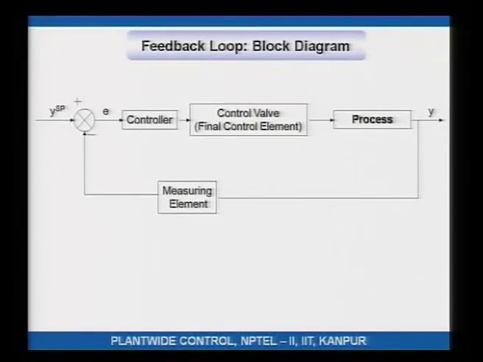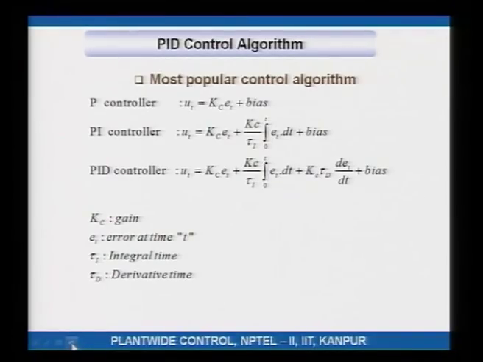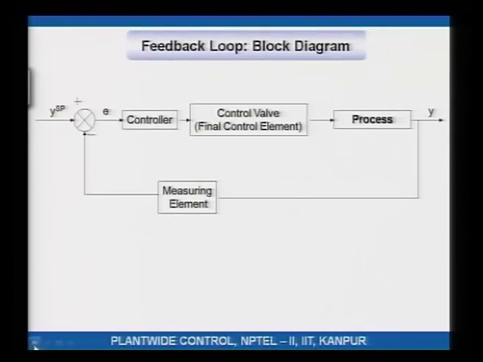This is where we left ourselves last time, a feedback loop with its block diagram. Now, the most popular control algorithm, implemented in the controller, is called the PID control algorithm, where P, I and D stand for proportional, integral and derivative.